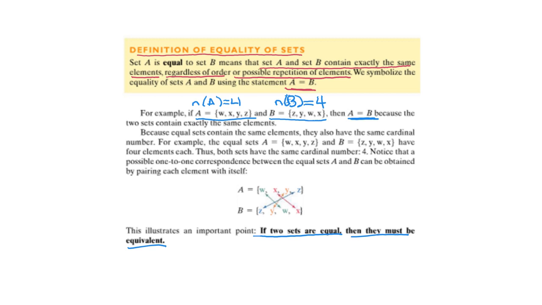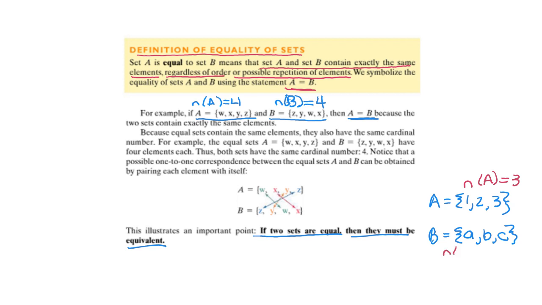For instance, I can show you a set A that can be 1, 2, 3, and I can do set B, which is A, B, C. So in this case here, the cardinality of set A would be 3 elements.